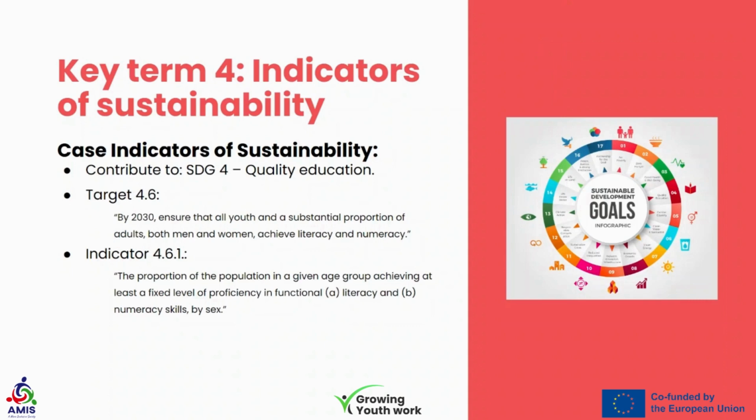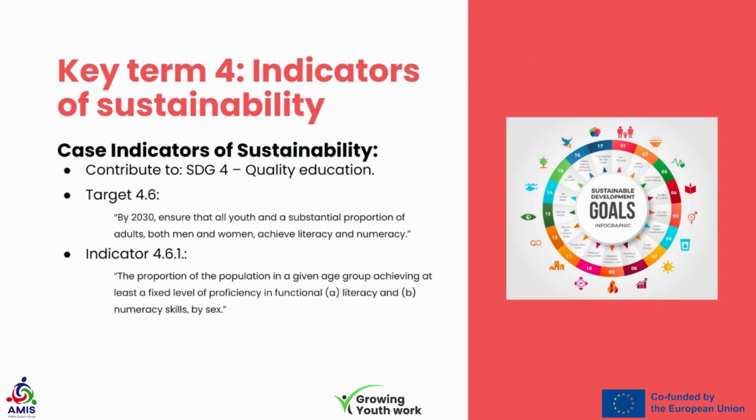If we go further under this target, we will find indicator 4.6.1, which says the proportion of the population in a given age group achieving at least a fixed level of proficiency in functional A, literacy, and B, numeracy skills by sex.